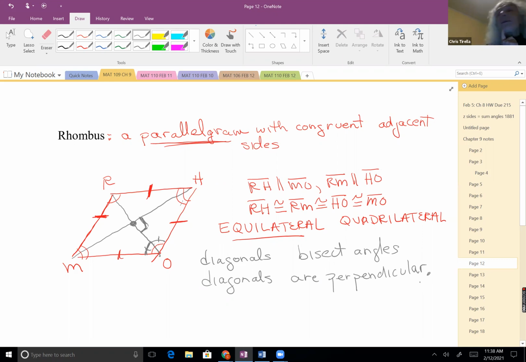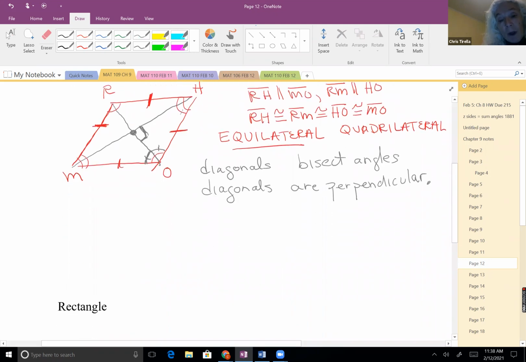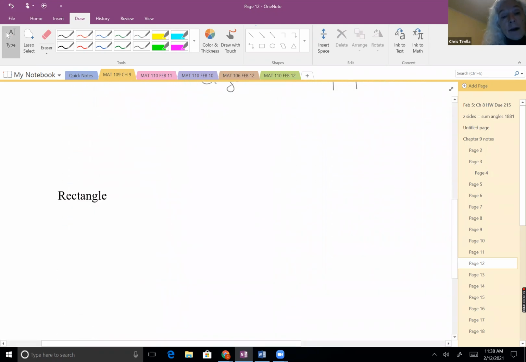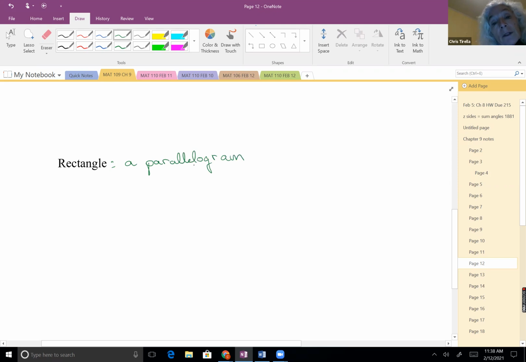Everybody all right with what a rhombus is? If so, our next figure is a rectangle. And we're going to define a rectangle as a parallelogram. And so in saying that it's a parallelogram, opposite sides are parallel.